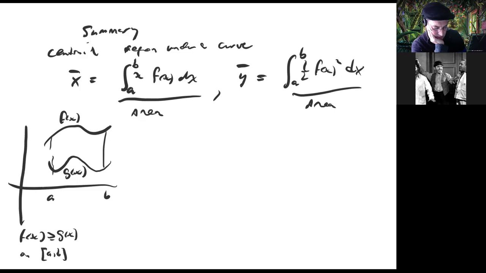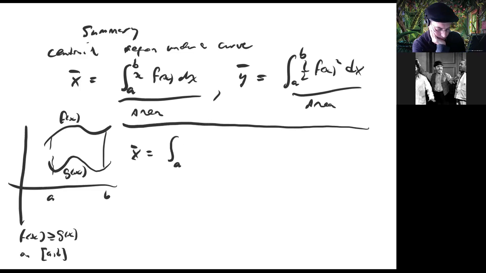So in that case, x bar is given by the integral from a to b of x times f of x minus g of x dx over the area.